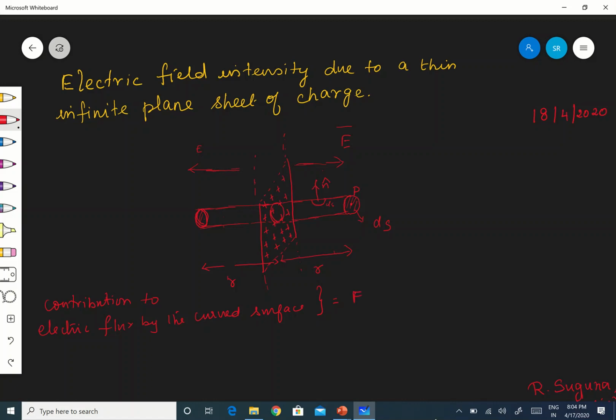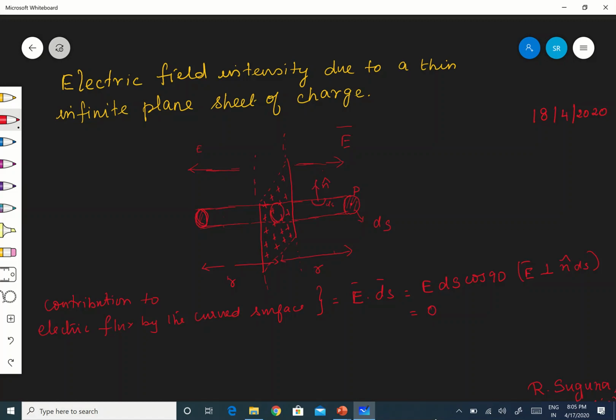Therefore it is E ds cos 90, because E is perpendicular to the area vector. Are you following? Therefore this is equal to 0. So there is no contribution to electric flux by the curved surface.